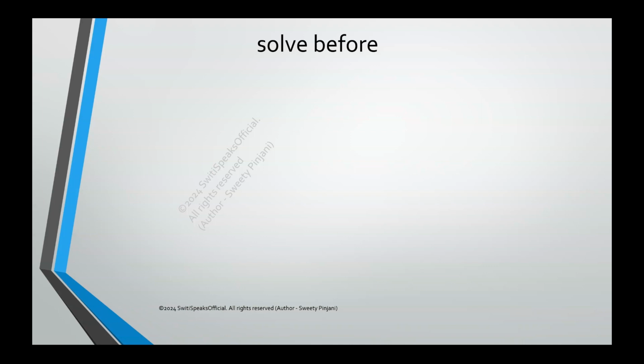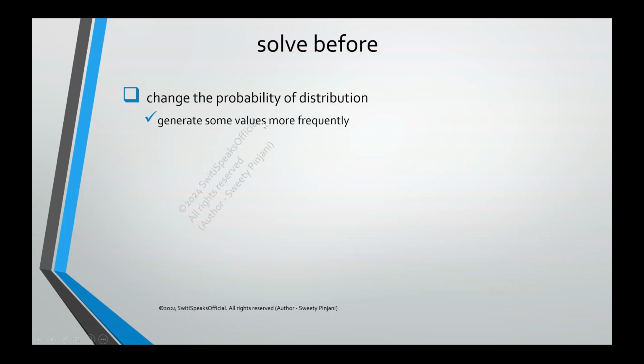Now I want to change this probability. So this is one very important usage of solve before: change the probability of distribution. When you use solve before, each and every solution is not going to have equal distribution. Why do we do this?